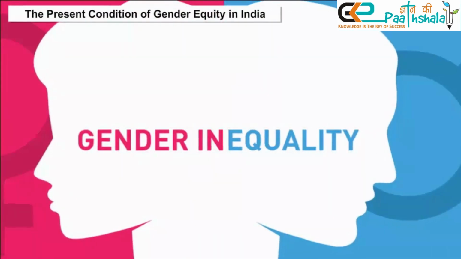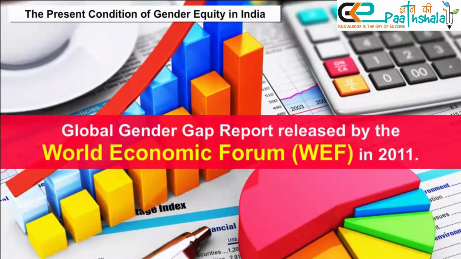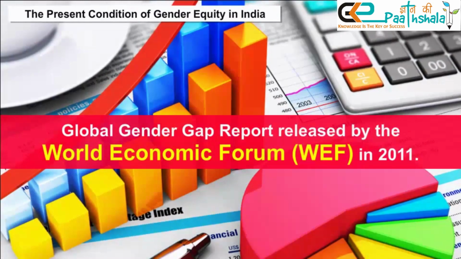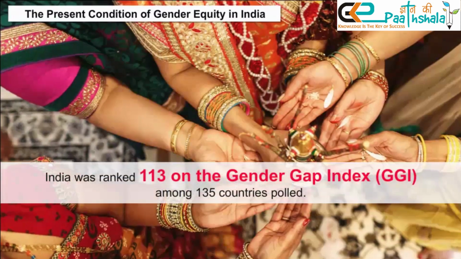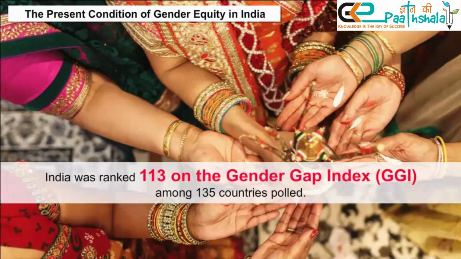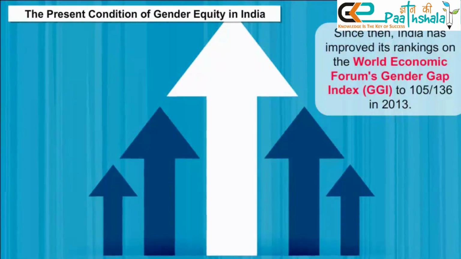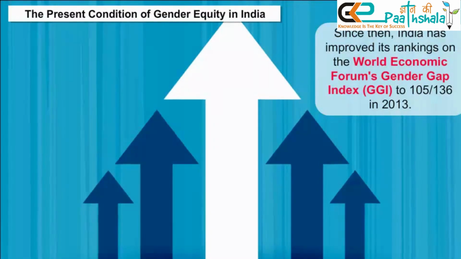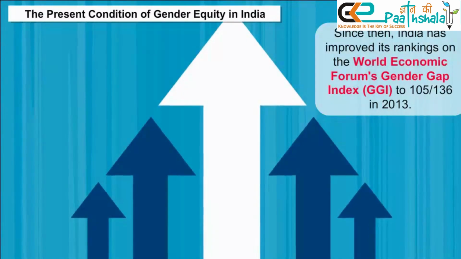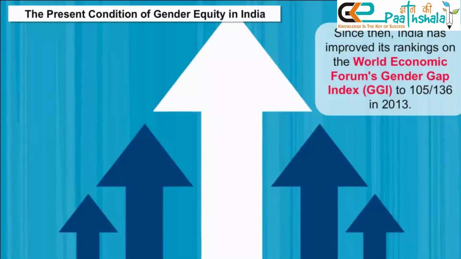The present condition of gender equity in India. According to the Global Gender Gap Report released by the World Economic Forum (WEF) in 2011, India was ranked 113 on the Gender Gap Index, that is GGI, among 135 countries polled. Since then, India has improved its ranking on the WEF's GGI to 105 out of 136 in 2013.